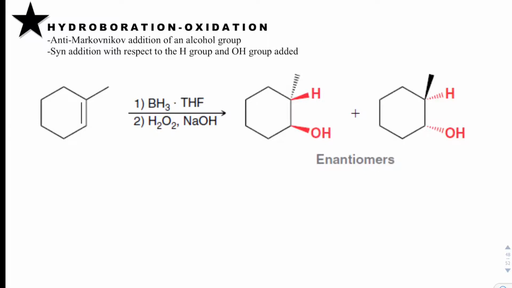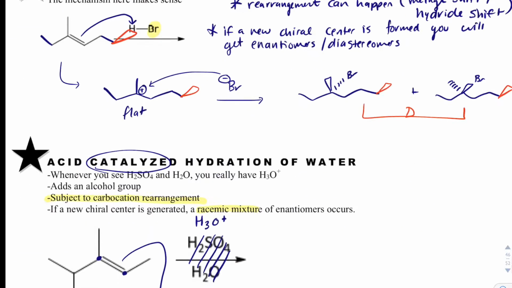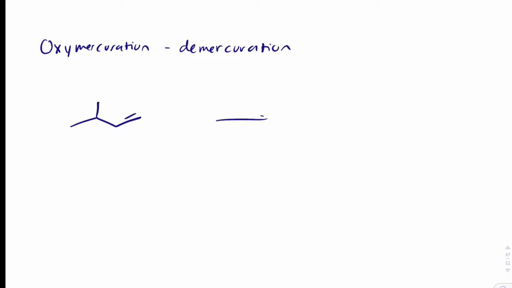Here we have hydroboration oxidation, and I'm looking for the other one. For some reason it hasn't shown up here, so I'm going to write this. We have oxymercuration, demercuration, which is mercury acetate dissolved in water, and then sodium borohydride.